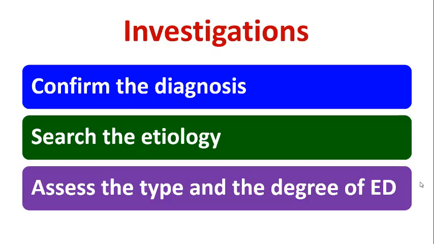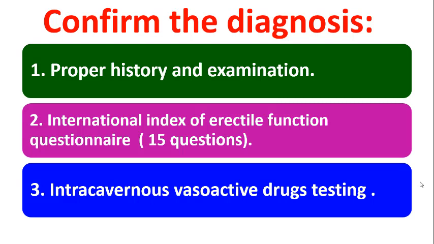Investigations for a case of erectile dysfunction may include investigation to confirm the diagnosis, investigation to search for the etiology, and investigation to assess the type and degree of the erectile dysfunction. To confirm the diagnosis, proper history and proper clinical examination can help.